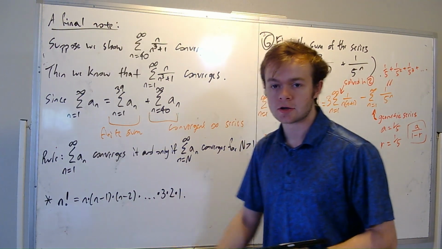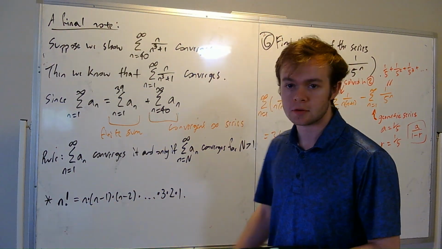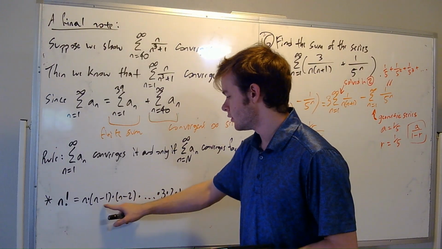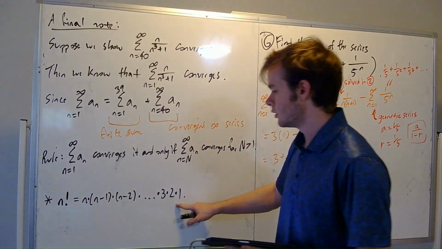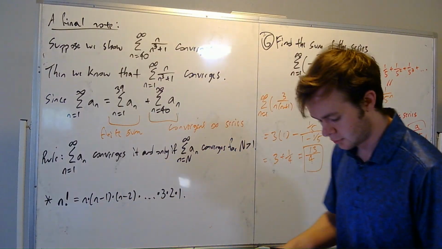So all n factorial means is you multiply all of the integers that are less than n. So n times n minus 1 times n minus 2 and so on. You just multiply everything that's less than or equal to n together, and that's n factorial. Okay.